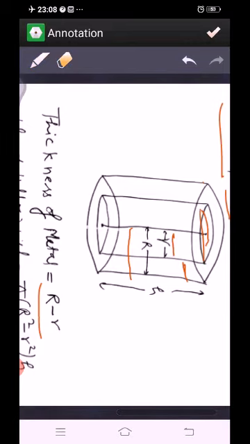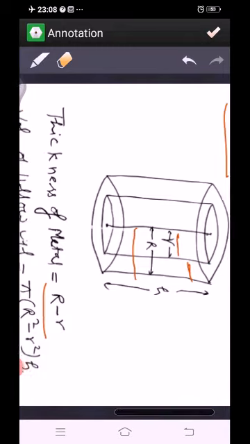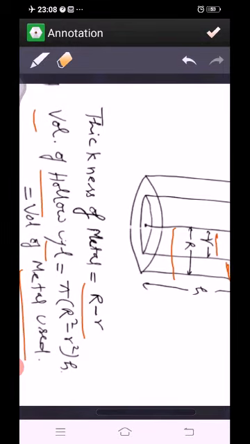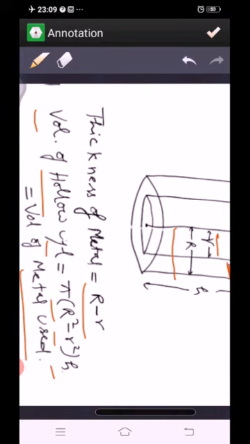External volume is pi capital R square h and internal volume will be pi small r square h. So we subtract, taking pi and h common, so we get pi into capital R square minus small r square into h. That will be the volume of the hollow cylinder. It means that is the volume of metal used.